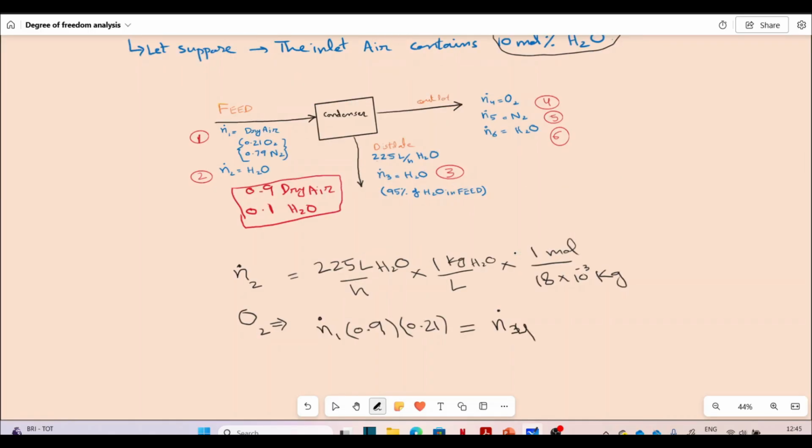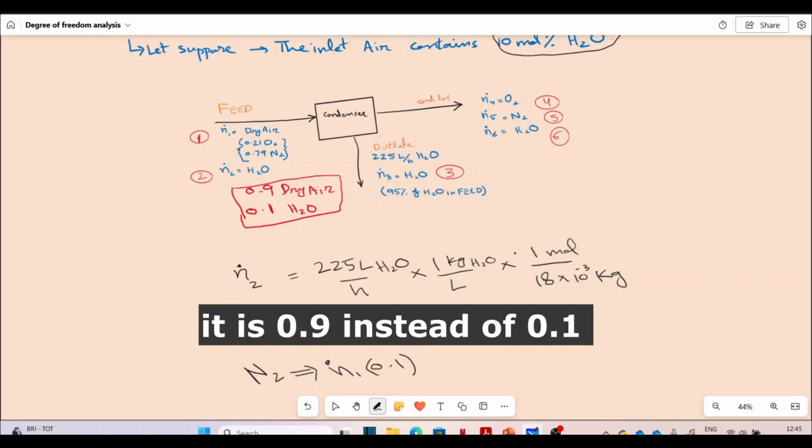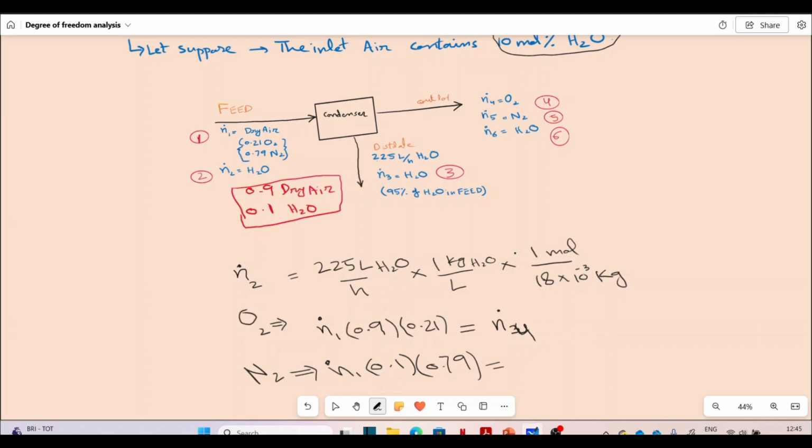N3 is water. So this is the oxygen balance. And now similarly we can write the equation for nitrogen, that is N1 molar flow rate, 0.9 and then 0.79, and it will be equal to N5. So we have this new equation.